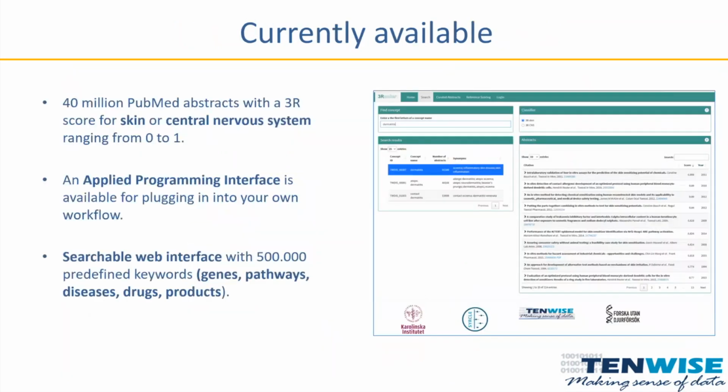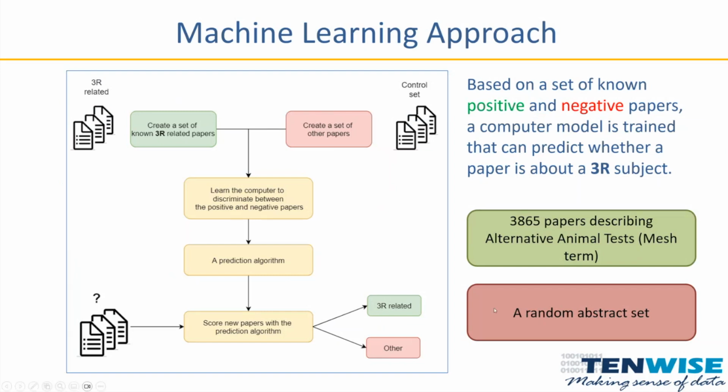What we then did, I'm just going one slide back, we said, let's take this algorithm that we produced over here and run the prediction on the entire Medline database. So we download the entire Medline database, we run our algorithm, and for 40 million papers, I think we have about now 38 million papers, we have a score that says this paper is 3R related or not.